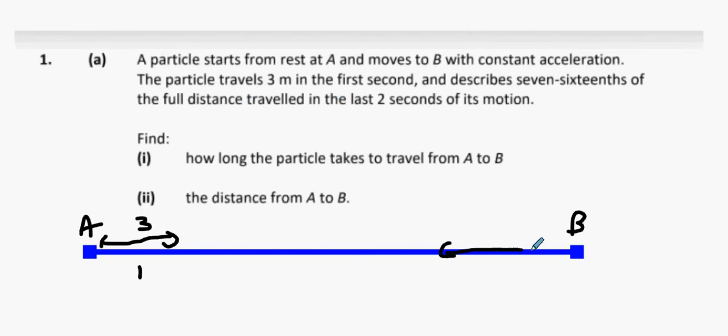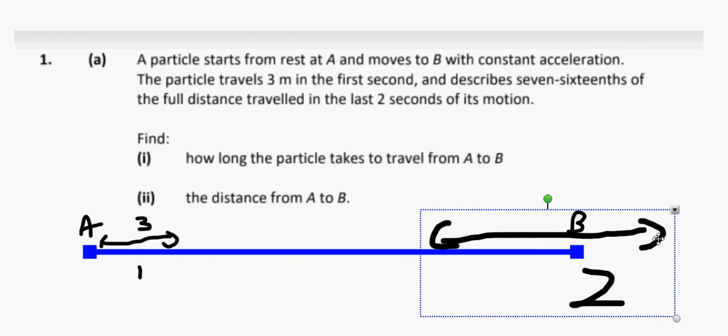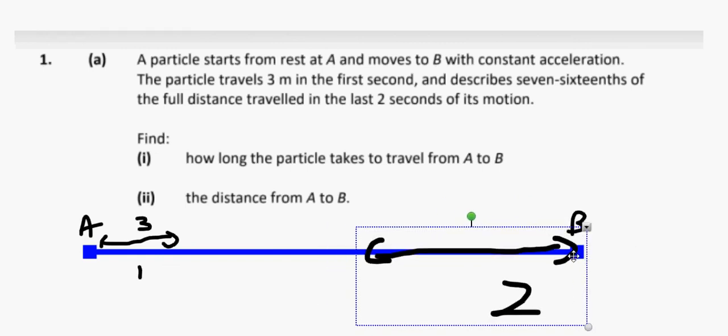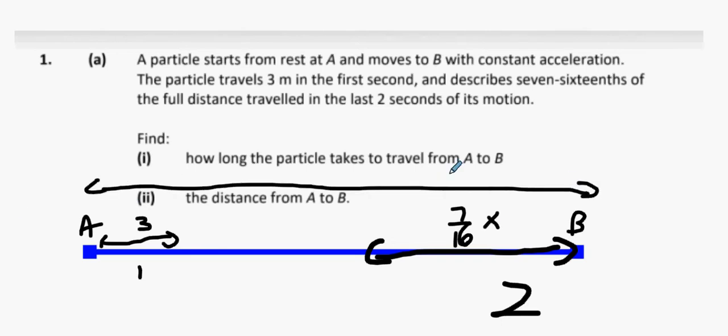But to be honest, 7/16 is actually just under halfway, so let's be accurate there. So I'm going to call it 7/16 of x, where x is the entire distance from A to B. Is that okay with you guys?